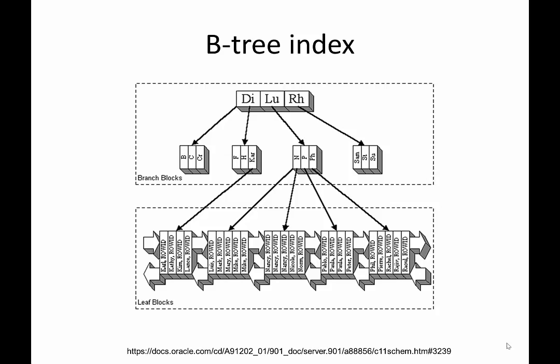So if I want to find Nicole, I start up here. Nicole starts with NI. I know NI is between LU and RH, so I follow there. I then go to the N record, and then I sequentially search through those indexed records.